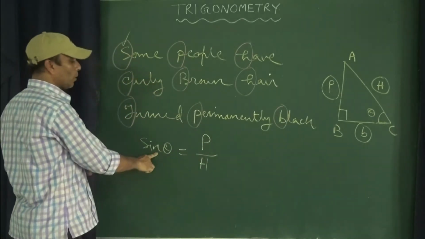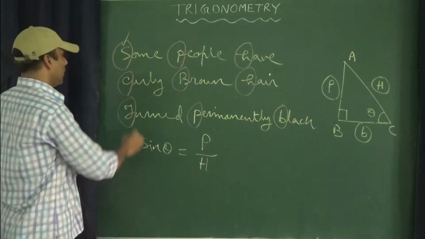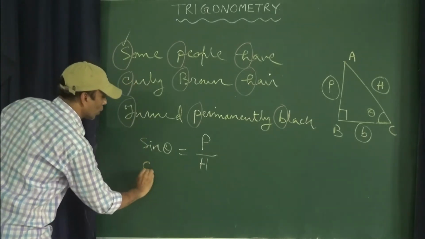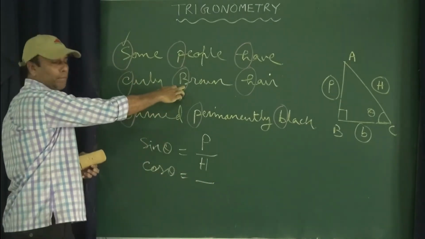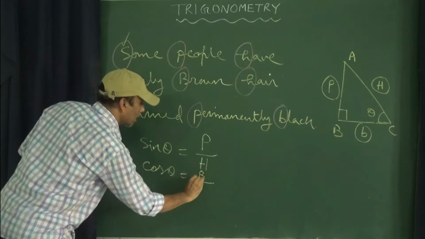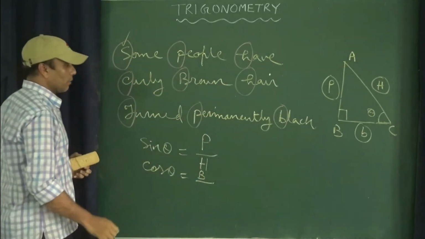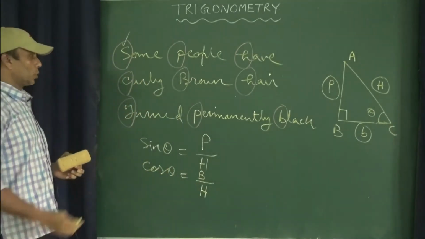So we can get all together that sin theta equal to perpendicular by hypotenuse. Then from the second group, curly's C stands for cos theta equal to brown's B. B stands for base. And here once again H stands for hypotenuse. So cos theta equal to base by hypotenuse.